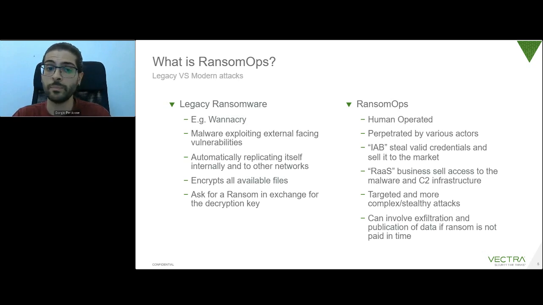Then you have ransomware as a service businesses, which basically build the malware itself and maintain the command and control infrastructure, so that anyone that buys their services gets access to every tool that they need to run an attack like this.